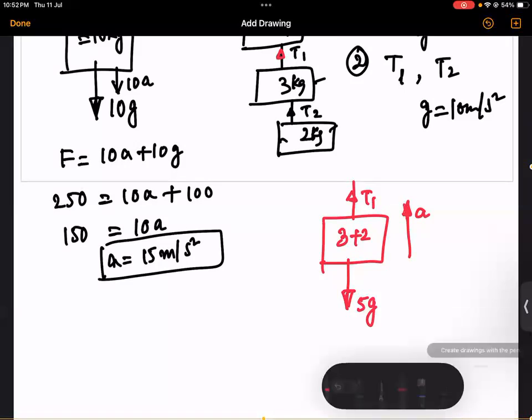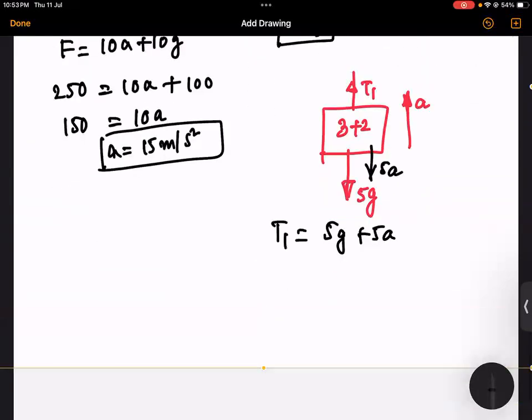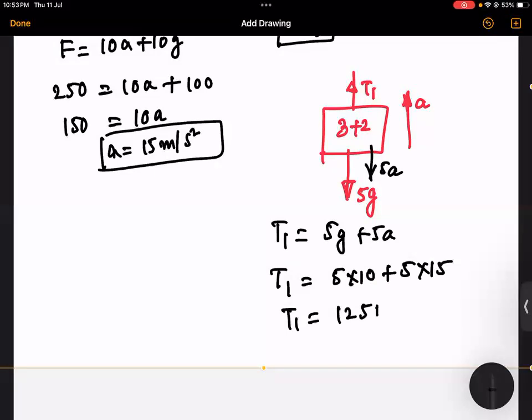And since A is in the upward direction, same logic I am using. This will be 5A. Therefore, T1 will be equal to 5G plus 5A. So T1 is equal to 5 into 10 plus 5 into 15. Therefore, T1 is equal to 125 Newton.